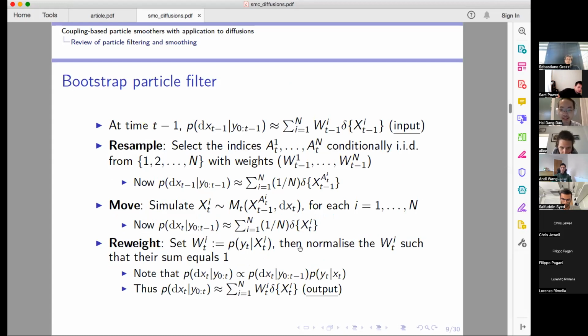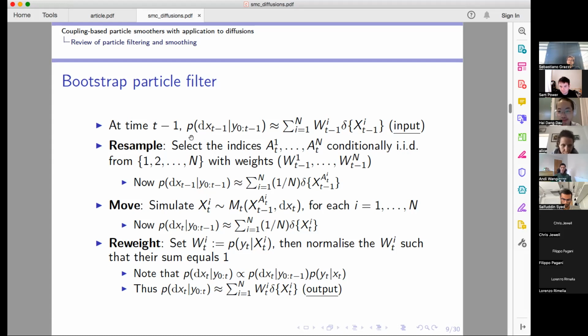Okay, so this slide contains some heavy notation, but these notations will be used over and over again during the talk, so I will stress some of the notations that will be important in the next slide.